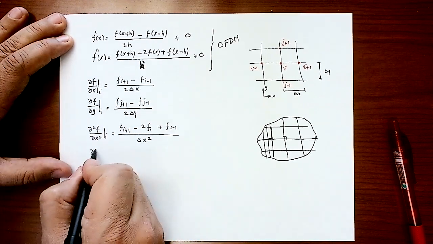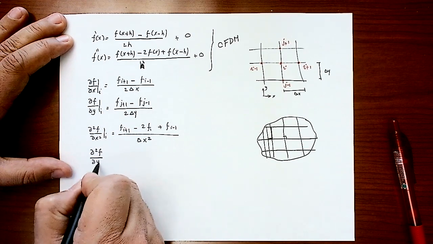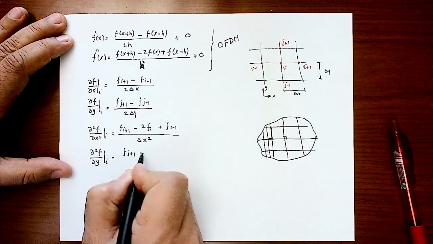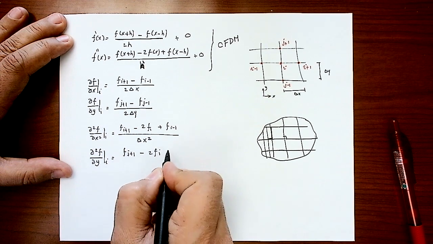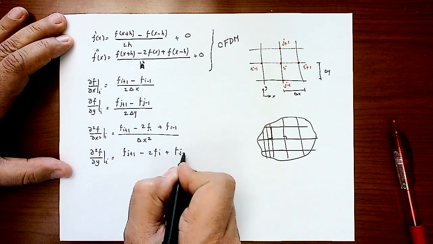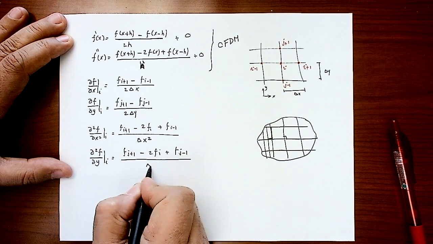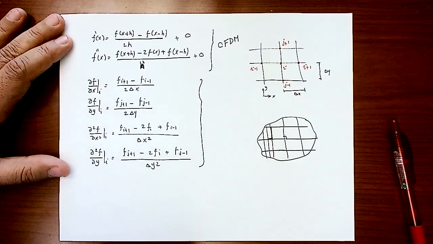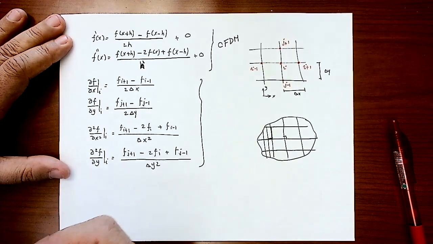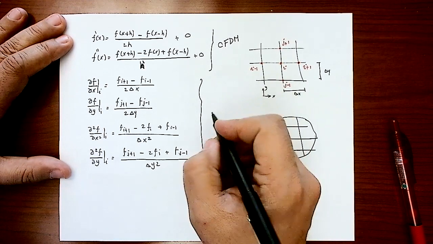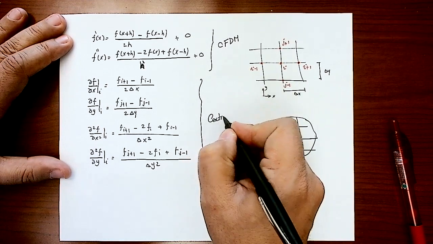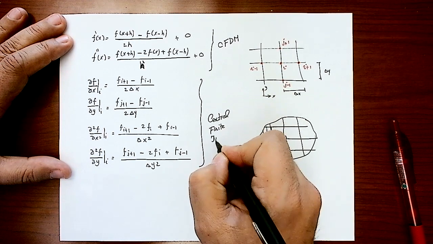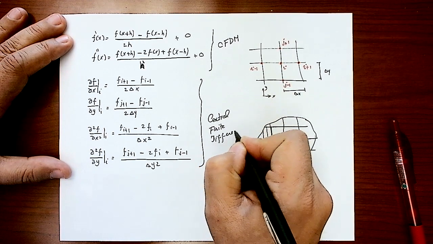And if you want the second derivative in the y direction at node I, it's equal to f of j plus 1 minus 2f of I plus f of j minus 1, divided by delta y squared. So this is a general format of the first and second derivative in both x and y directions when you use the central finite difference method.